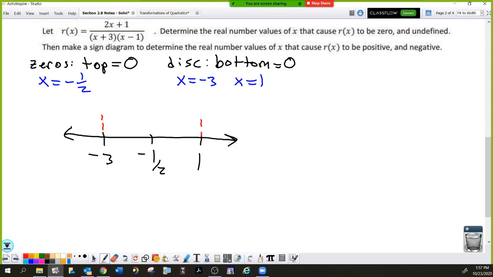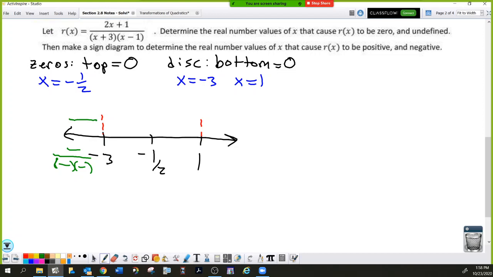To the left of -3, like -4. If we plug in a -4 to the top, we get a negative number. And if we plug in -4 to the bottom, we get a negative number times a negative number. That's 3 negatives. So is the value going to be positive or negative? Negative.